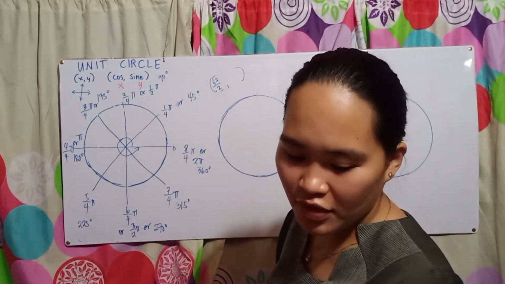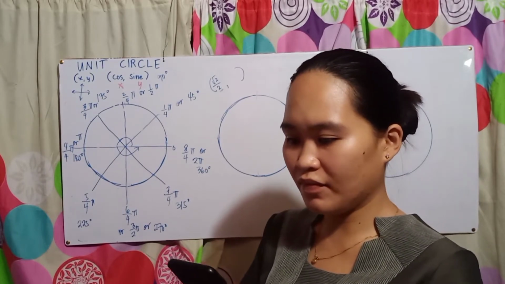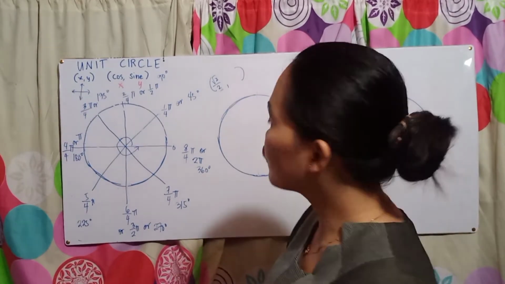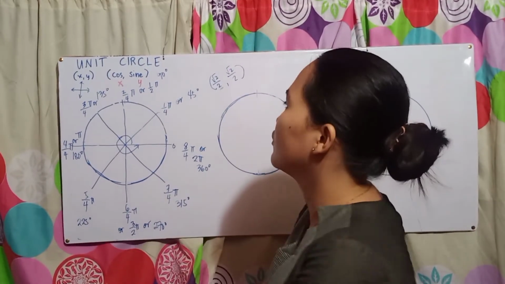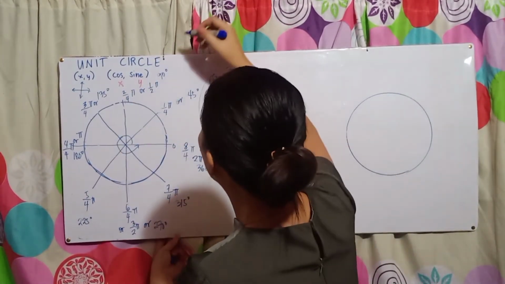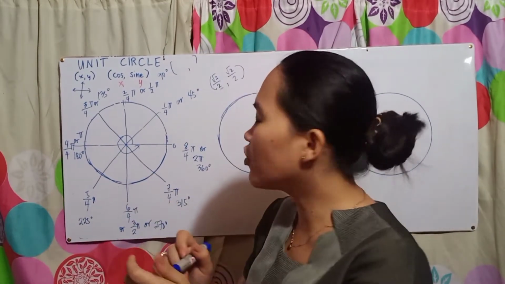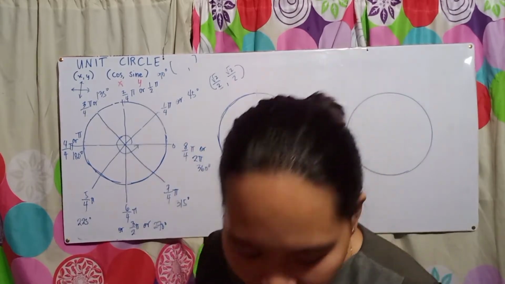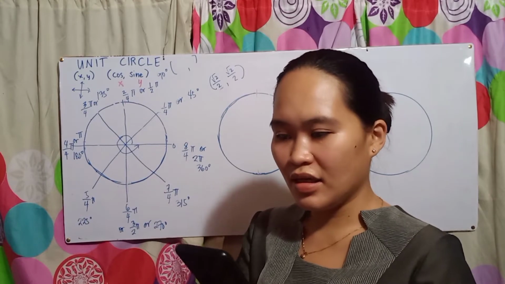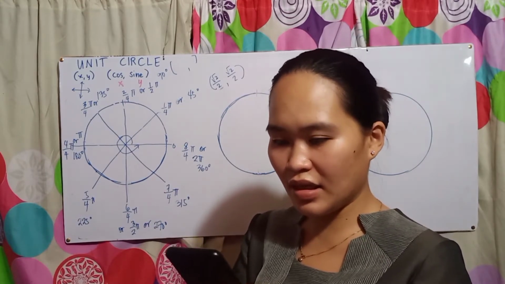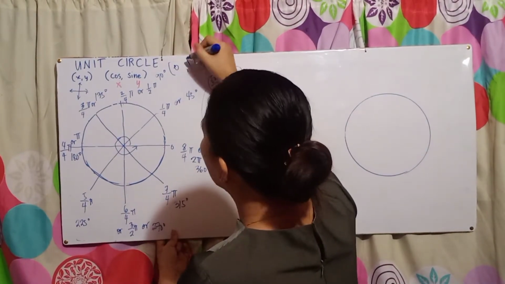Then sine 45 is square root of 2 over 2 also. Here at 90, cos 90 and sine 90. So cos 90 is 0, sine 90 is 1. So 0 and 1.